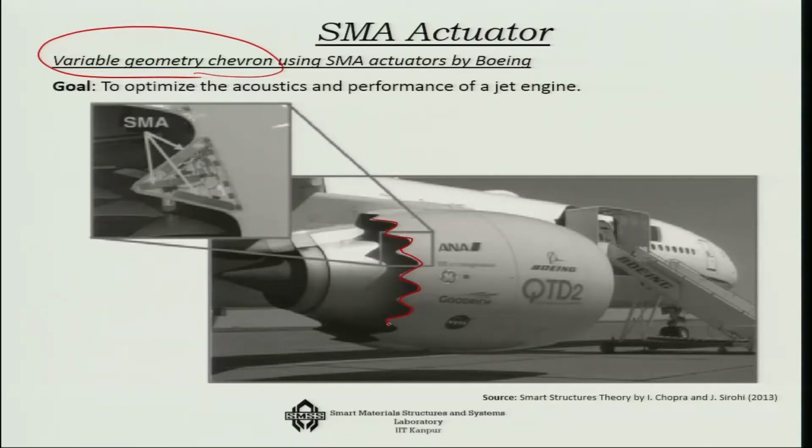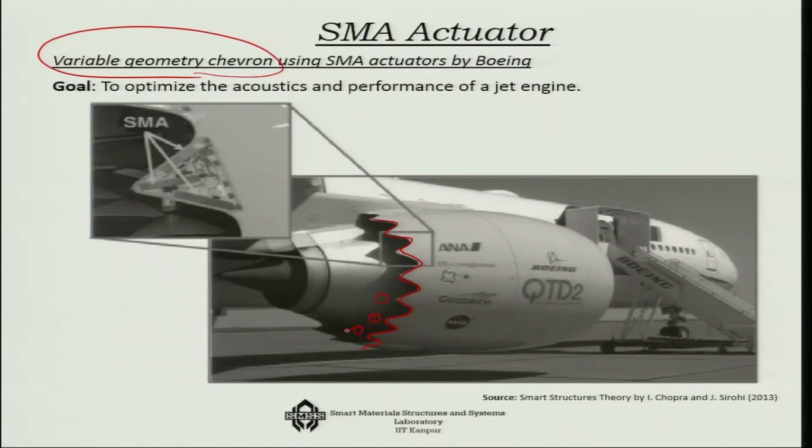The reason for this jagged shape is that initially, when it is in the detwinned or twinned Martensite phase, it is mostly Martensite and has this jagged shape, and this actually helps keep the size of the vortices low, so that they get attenuated fast.